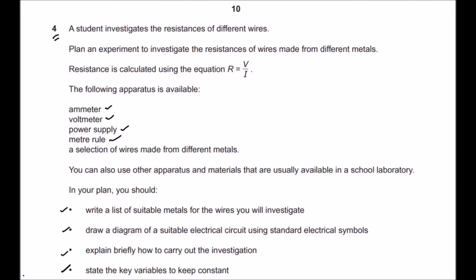First of all, look at the task we have. A student investigates the resistance of different wires. That means, let's suppose you have different wires made of different materials. Like the first is made of copper. Second, you can take silver.